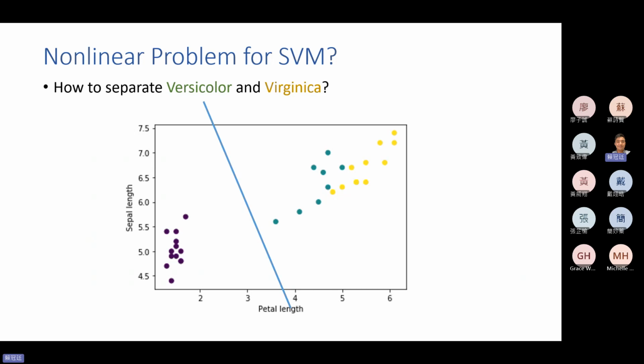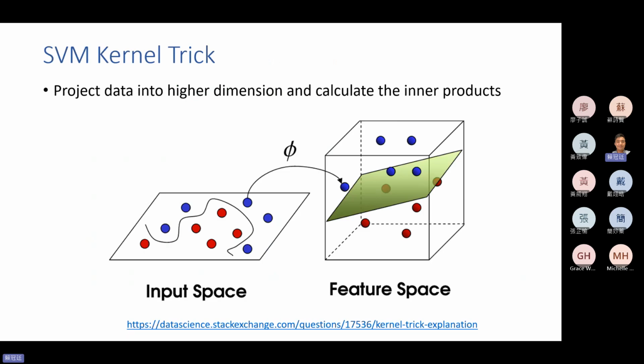Okay, so we now know SVM can find the best hyperplane, but the problem is how can we separate nonlinear data? Remember the versicolor and the virginica, we cannot separate those two if we just use a line. So how can SVM solve this problem?